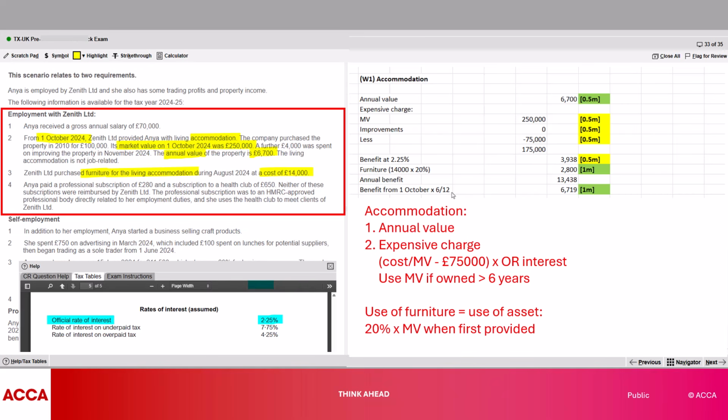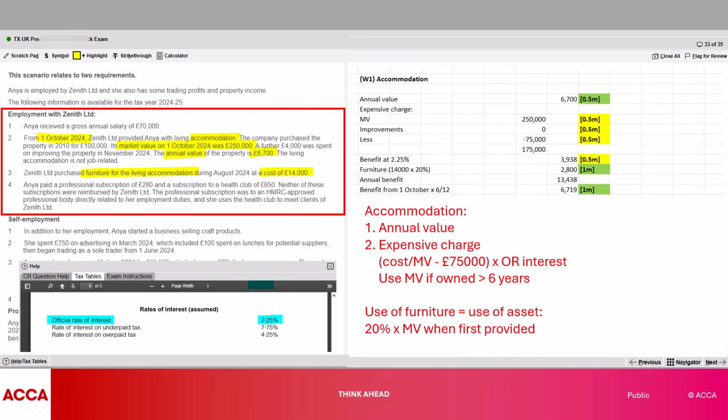And all of those are from the 1st of October. Now you could have time apportioned each part of this, but there is 1 mark, fairly easy mark as long as you've spotted it, for that time apportionment. So as I say, if you've time apportioned each part of this along the way, that would have been fine, but there is 1 mark for the time apportioning. So that is, I think, one of the trickiest benefits that you will have to deal with.